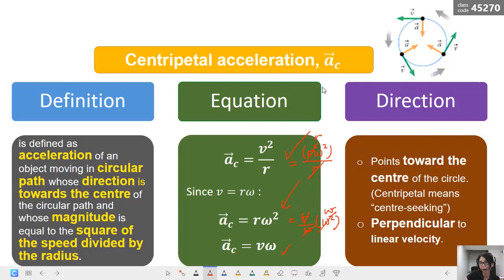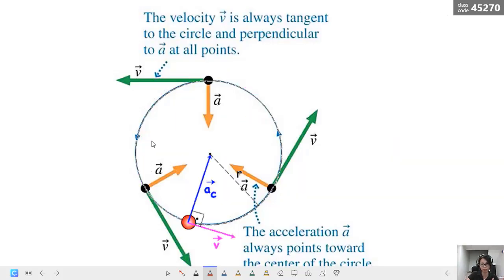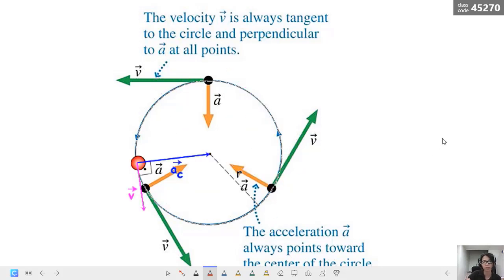And always bear in mind, the direction of this acceleration is always towards the center of the circle. Centripetal means center seeking. So arah dia sentiasa pergi ke center. So the direction of acceleration is always towards the center and is always perpendicular to the linear velocity. See? This one. a_c always points towards the center and is perpendicular to our velocity, which is tangential.